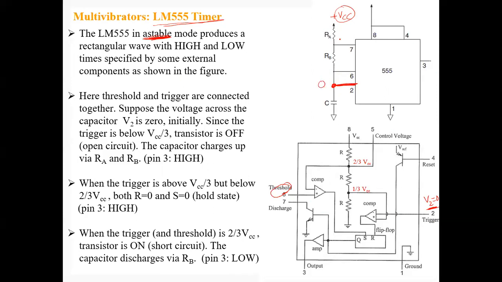Since this is 0, what do you get here? 1 or 0?